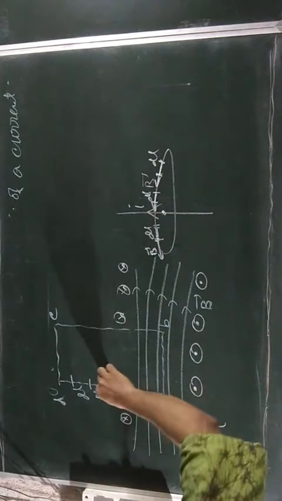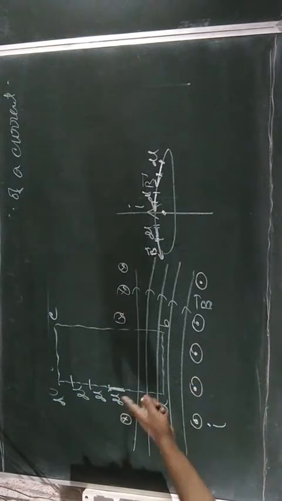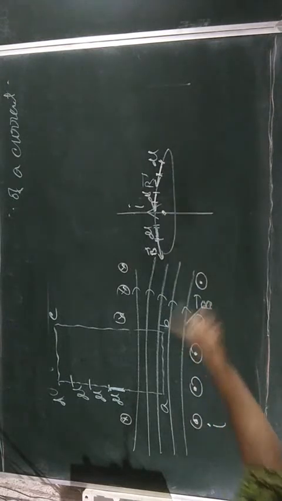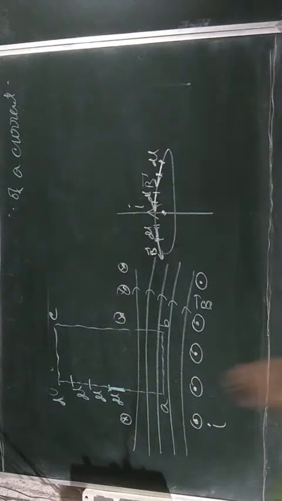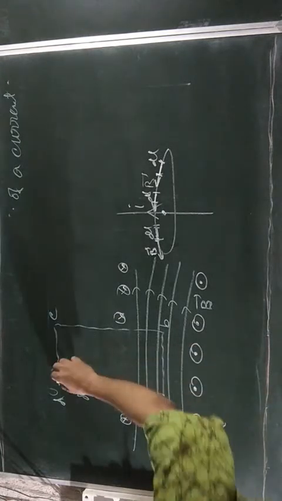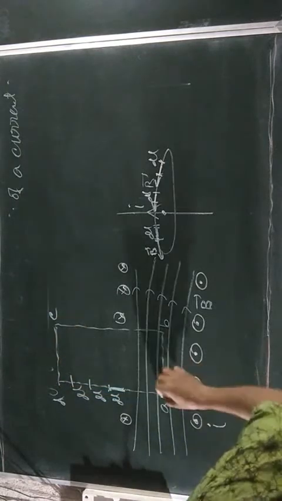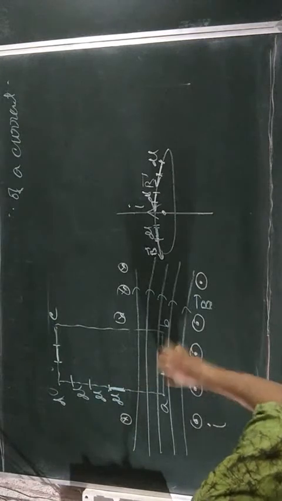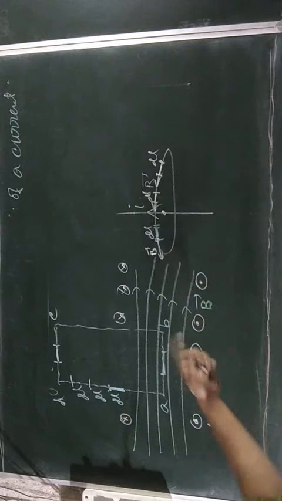The direction of flux B and the direction of dl are mutually perpendicular in the case of these two arms AD and BC. But for DC and AB arms, the direction of dl on these two arms and the direction of B are collinear.